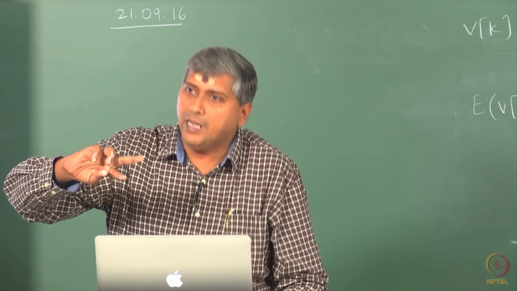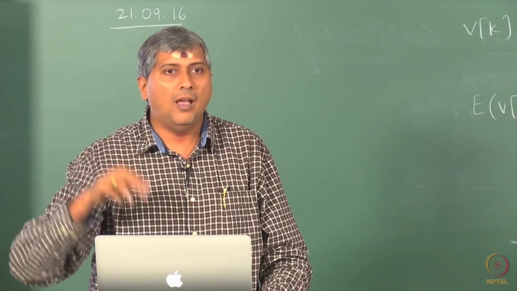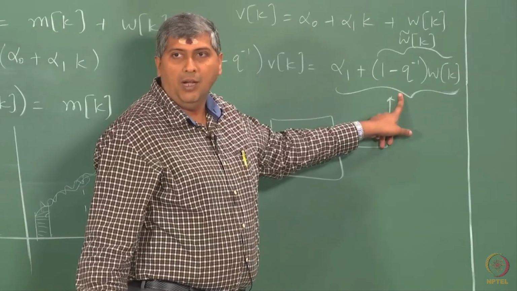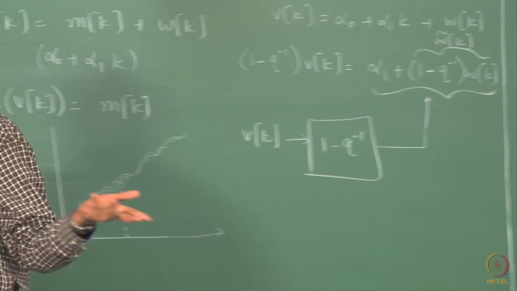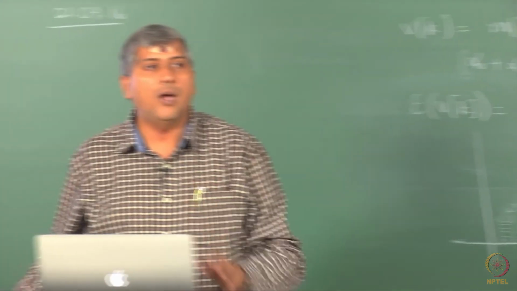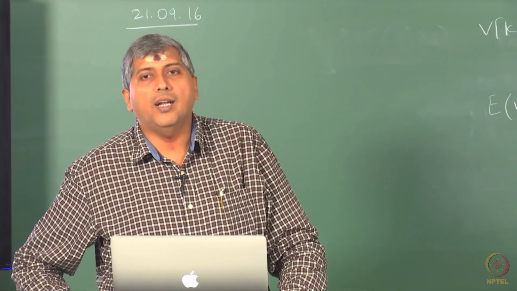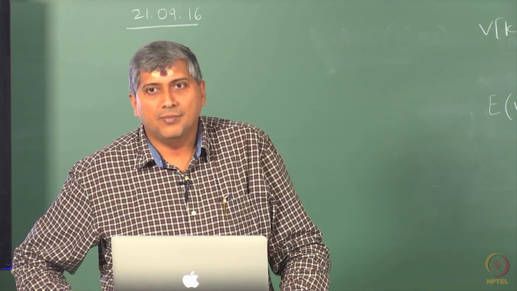So, this is completely in contrast to what we had discussed earlier, and unfortunately it is introducing a non-invertible 0 here. You cannot do anything about it. Therefore, when you have a deterministic kind of trend, you should try and avoid using the differencing operation to handle that.